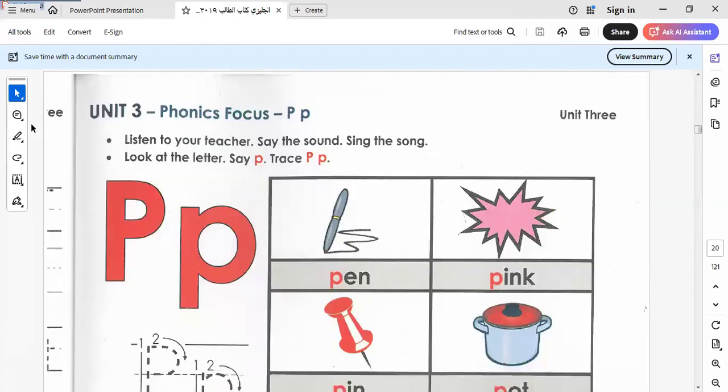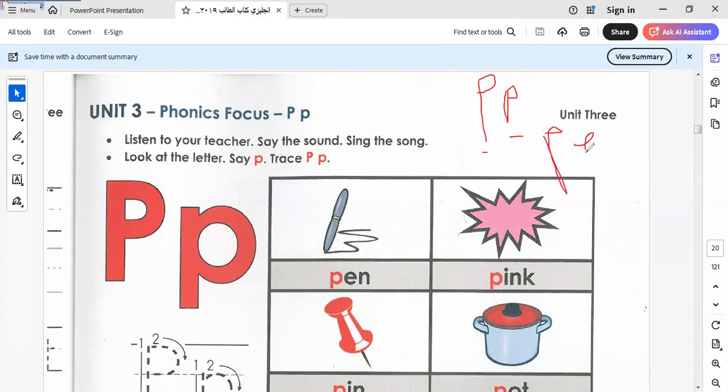It is called the letter B. Capital B and small b. I think all of us in Arab countries, and in Egypt especially, say heavy B and light B. Don't say heavy B and light B. We say capital B, and we say B like bin.